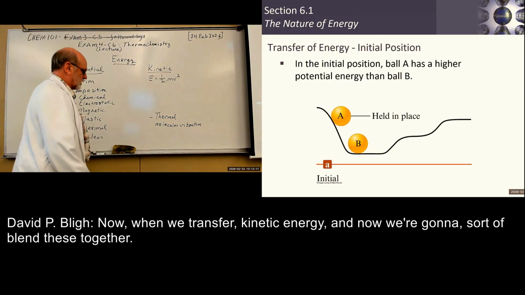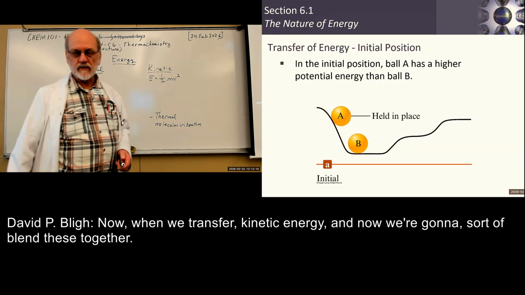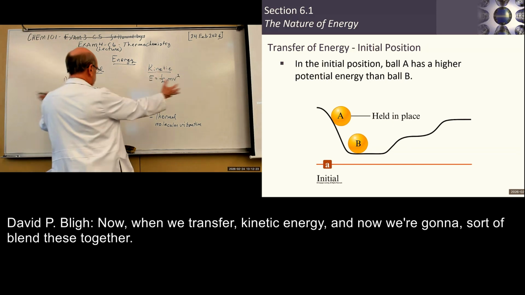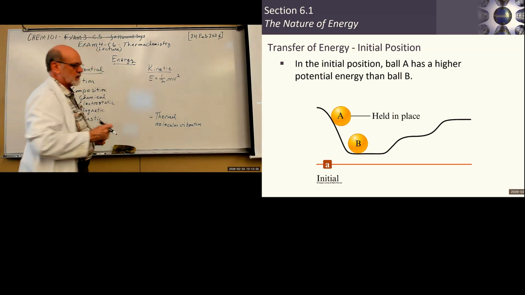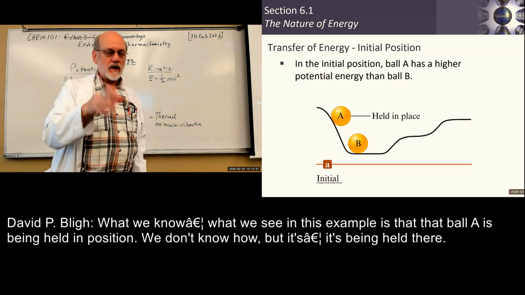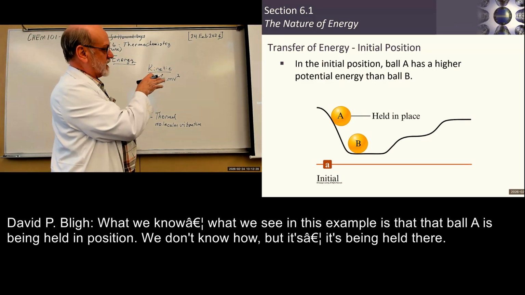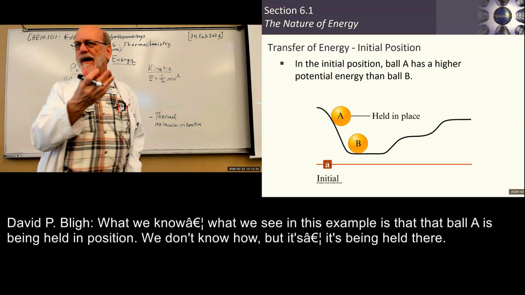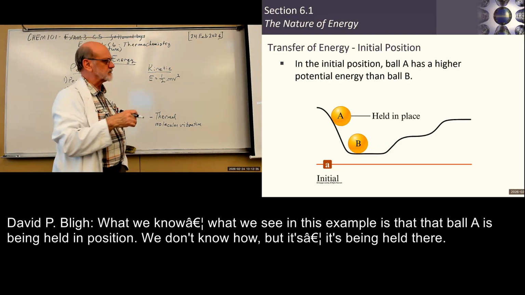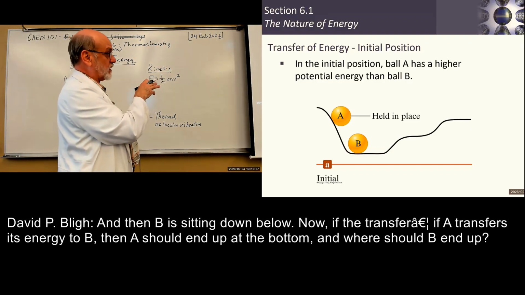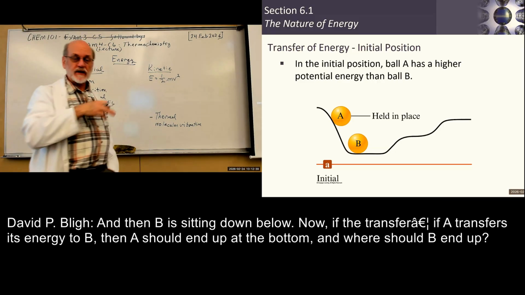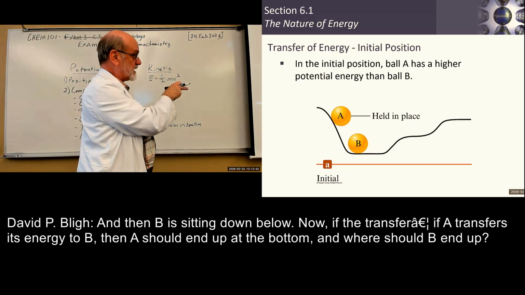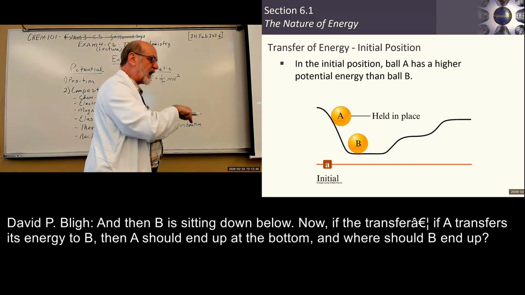Now, when we transfer kinetic energy, and now we're going to sort of blend these together, what we see in this example is that ball A is being held in position. We don't know how, but it's being held there. And then B is sitting down below. Now, if A transfers its energy to B, then A should end up at the bottom.